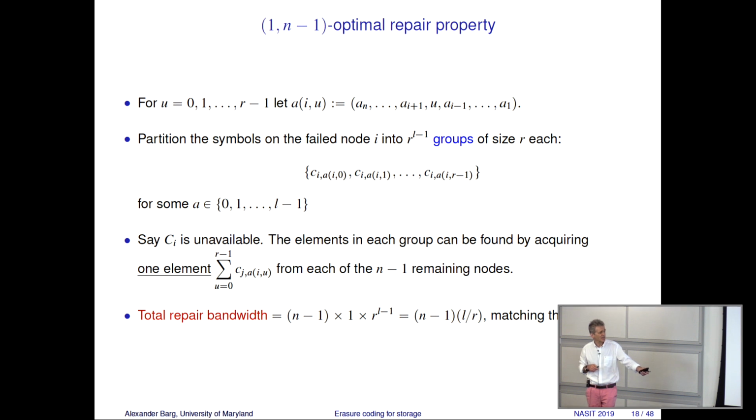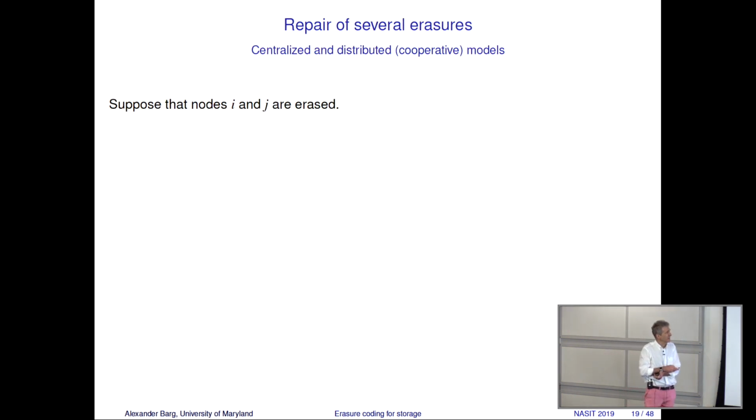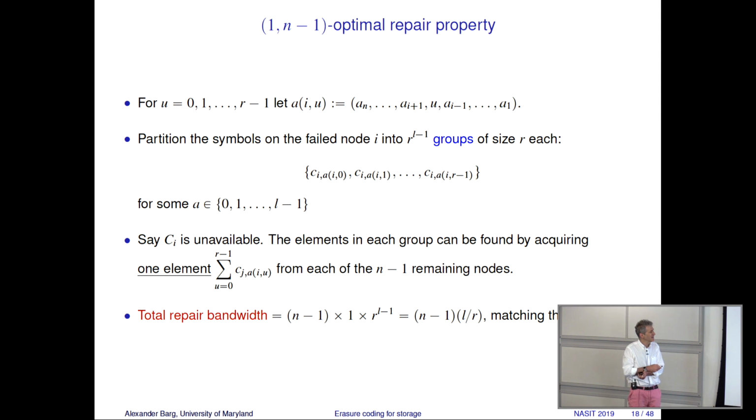N minus 1 is D now. The bottom part is exactly the number of parities. And that matches the lower bound. So optimal repair is possible. So interference alignment, Vandermonde, Reed-Solomon codes all enter this picture.